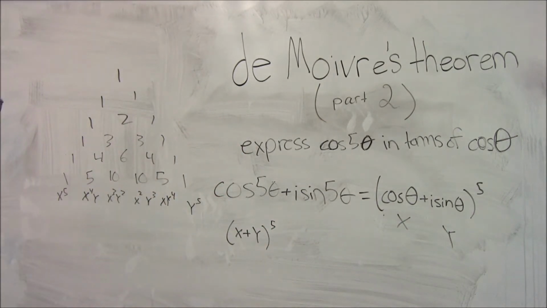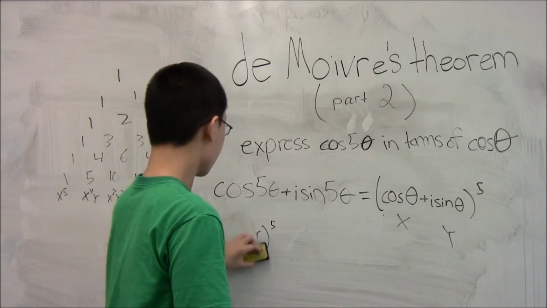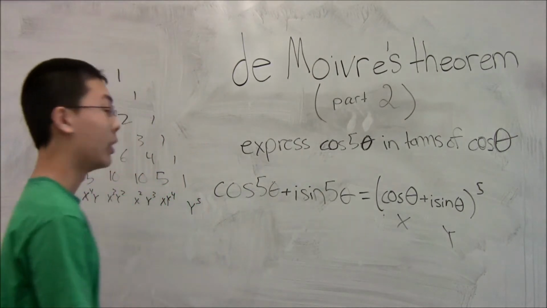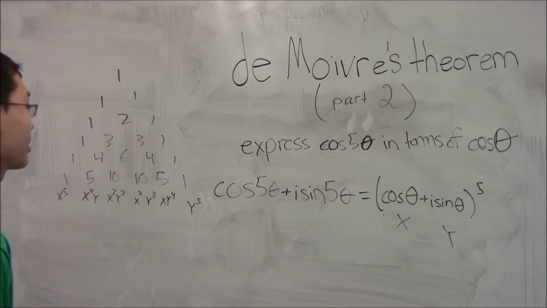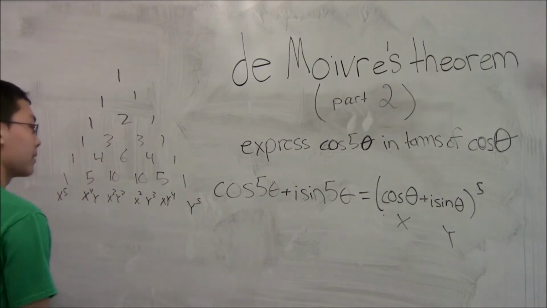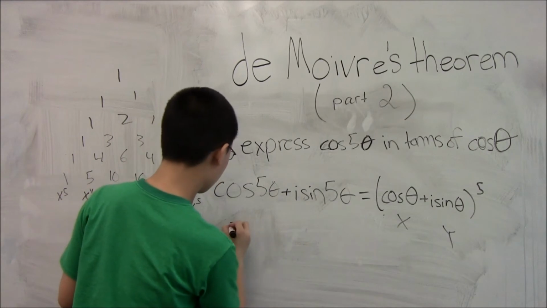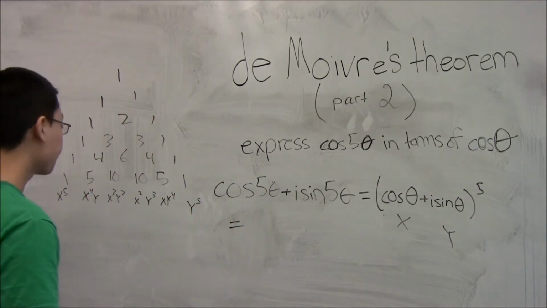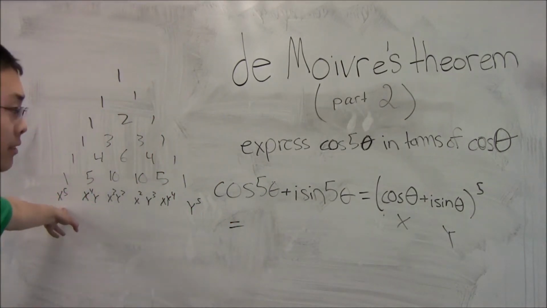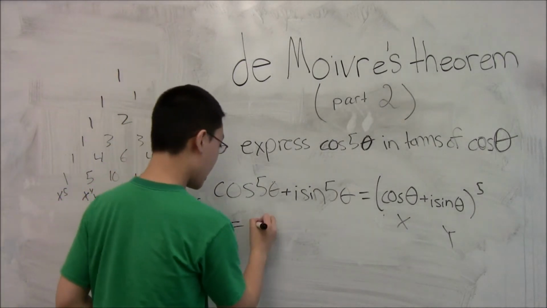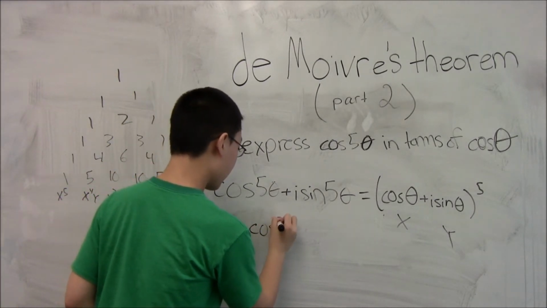So, what is the expanded version? If we set this whole thing equal to, we start with x to the 5th, so cosine to the 5th of theta.